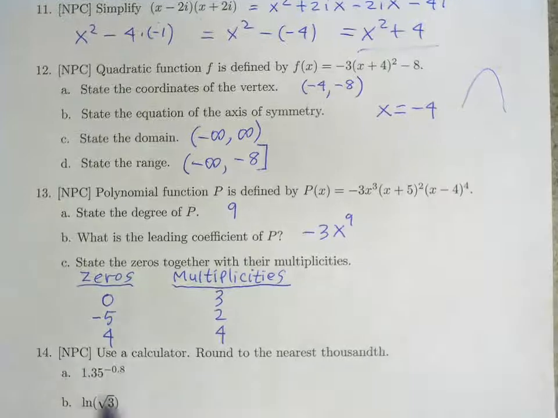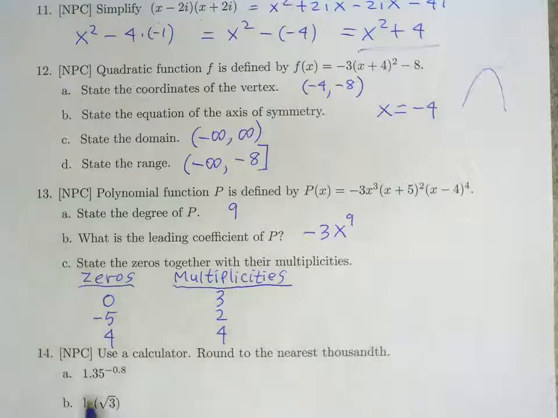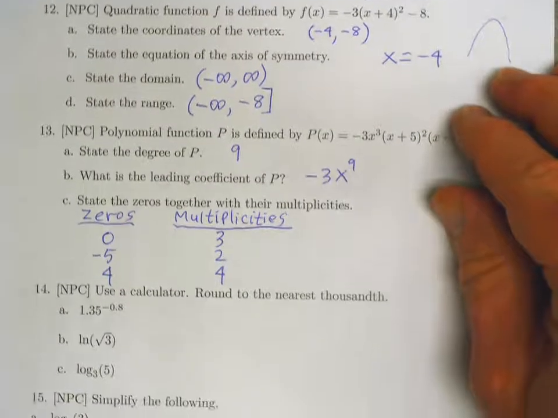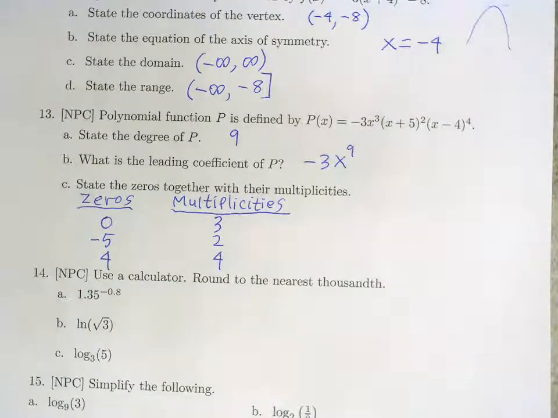Okay, then use a calculator, rounding to the nearest thousandth. I actually brought a calculator, so I'll just see what I get. 1.35 raised to the -0.8. Okay, then round it to the nearest thousandth.